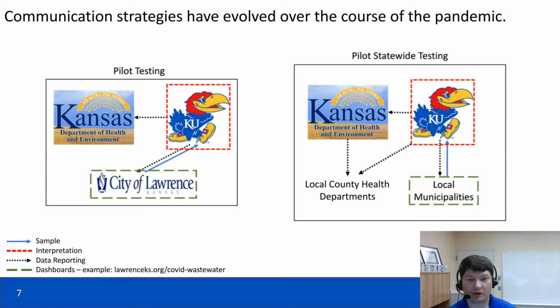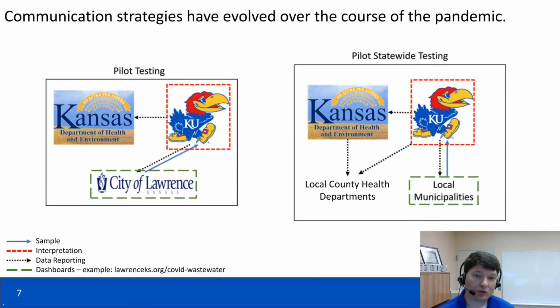And so we always reported our data back to the local municipalities. If we had the direct connection to the local county health departments, we sent that data directly to them. And then again, we sent this information on to our state regulator, the Kansas Department of Health and Environment, who then would also follow up with local county health departments. And so again, philosophy based, we wanted to get this data out to as many people, and really we wanted to get the data out to anybody that was interested in seeing this.